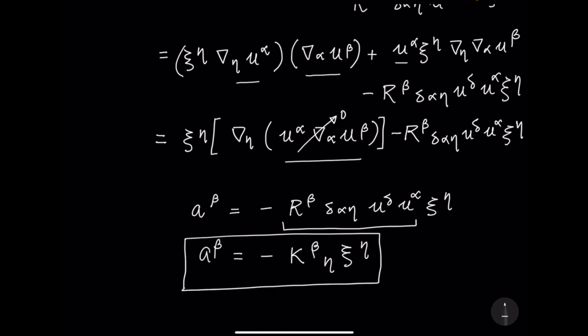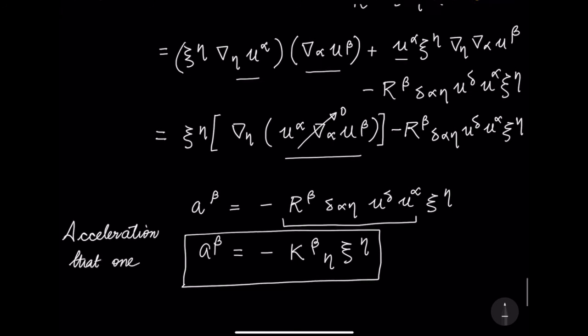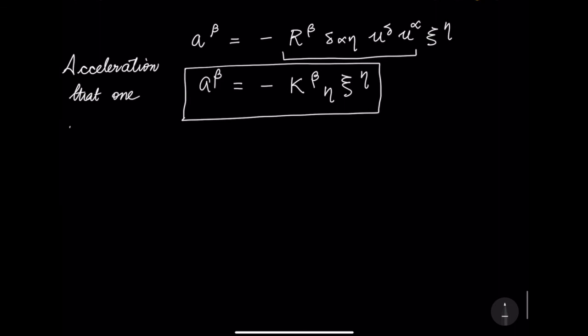The acceleration. So what is this acceleration? Remember, there are two observers freely falling into nearby geodesics. One will see the other having this acceleration. So this is the acceleration that one freely falling observer will see for the other.